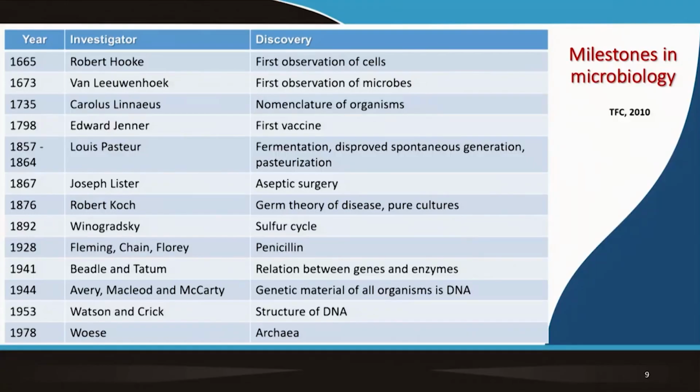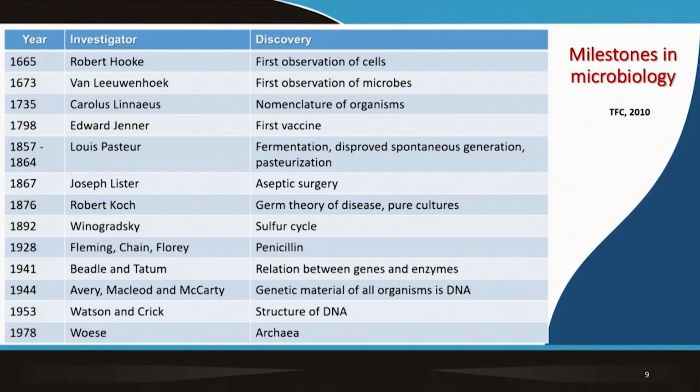So after having seen all the applications, not really all, but some of the applications that are possible in environmental microbiology, let's get an idea about the history, some of the major milestones in microbiology. This discipline has matured a lot in the last 300-350 years or so.